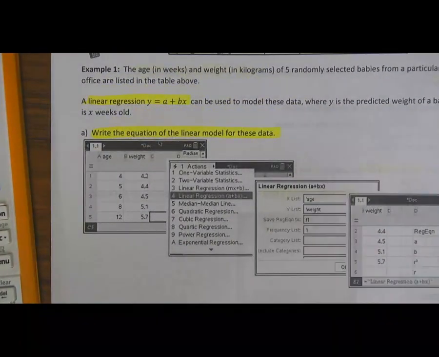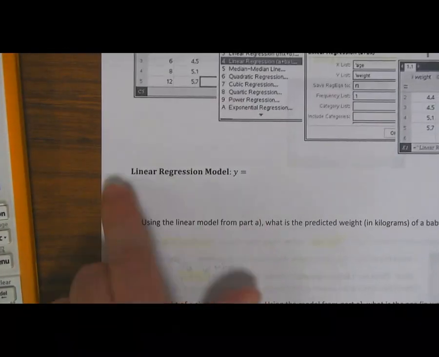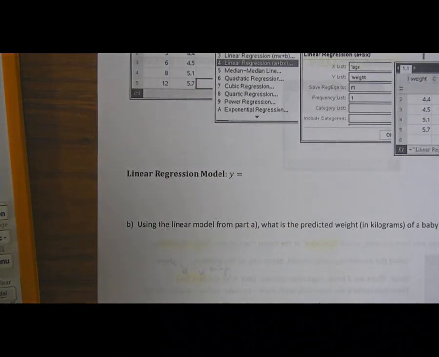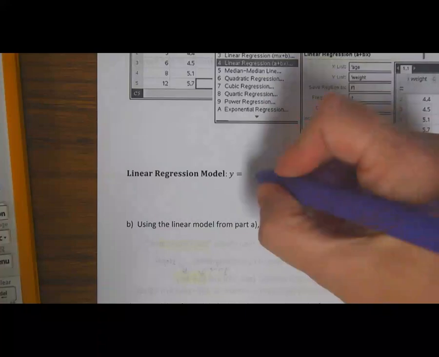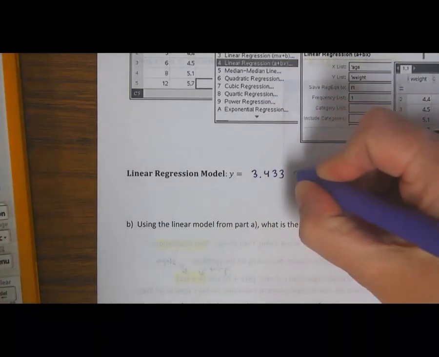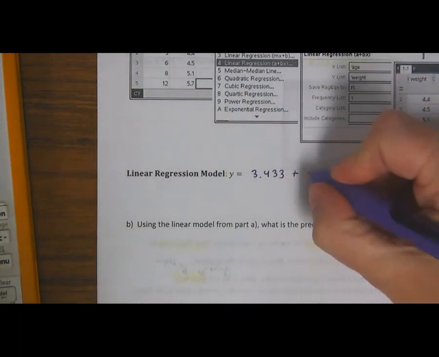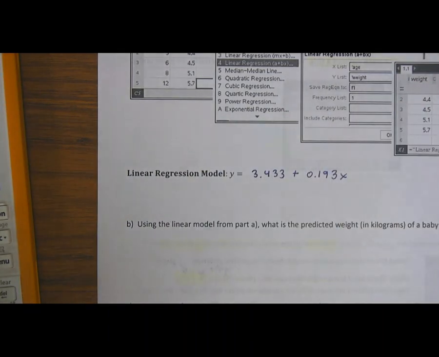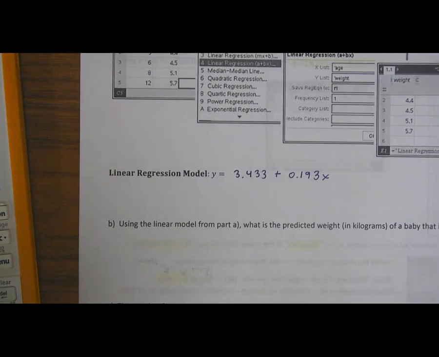So now we are ready to write the regression model. I've got it set up for you right here on your notes. If we wrote y equals a plus bx, we would write y equals 3.433 plus 0.193x. There is the regression model.